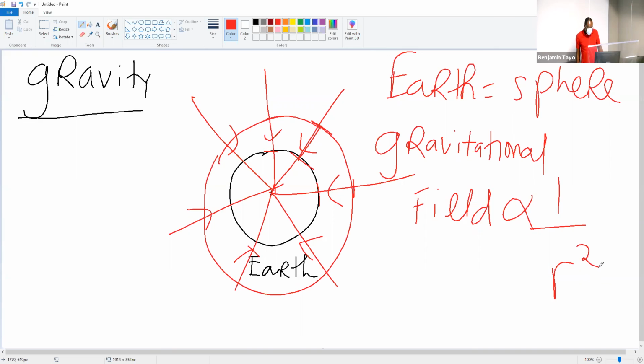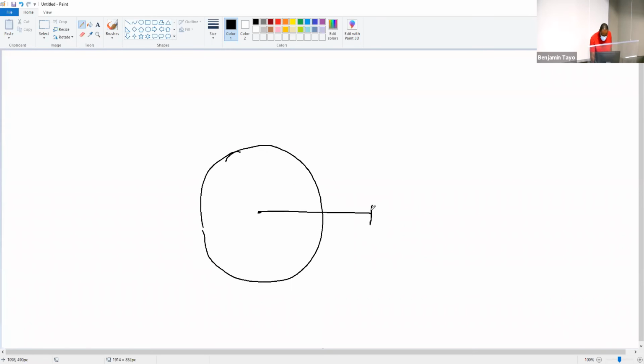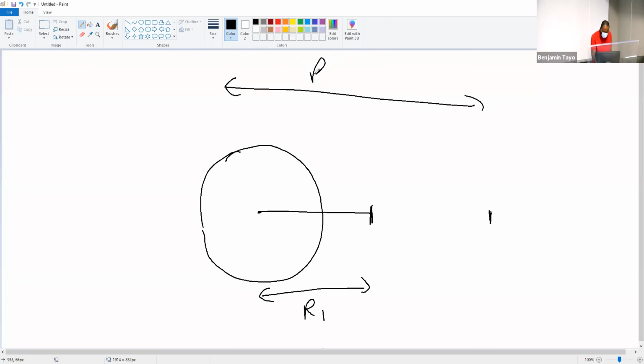So since the gravitational field is going to go as 1 over distance squared, let me show one example here. This is the Earth. Let's say the distance from here to here, let's call that distance R1. The distance from here to here, let's call this distance R2.